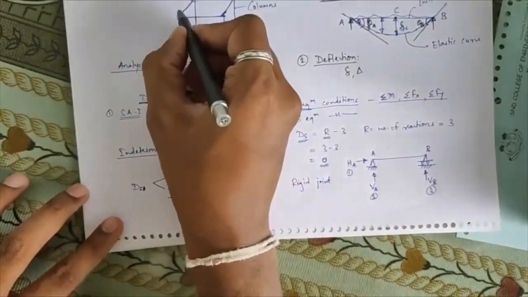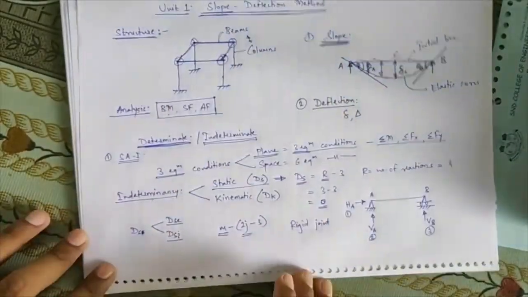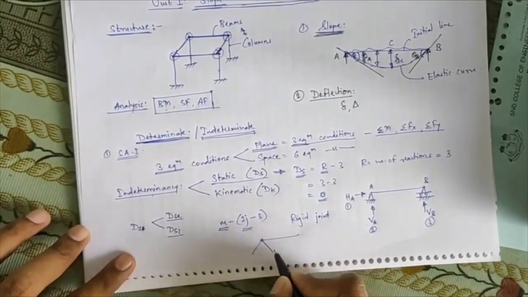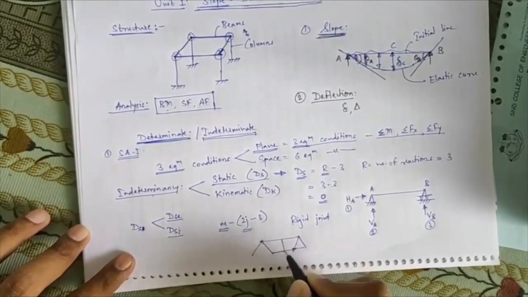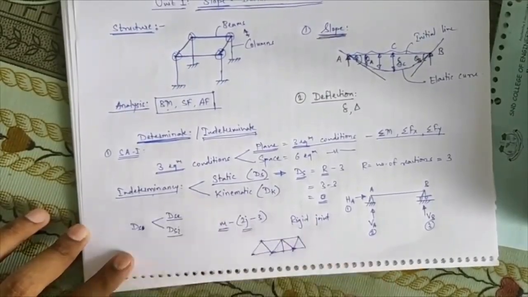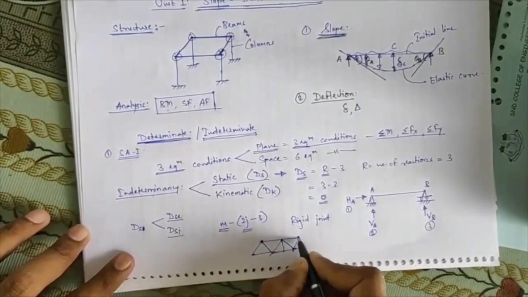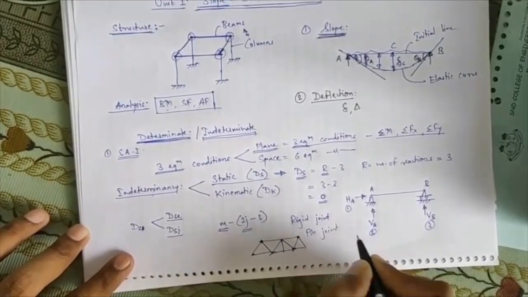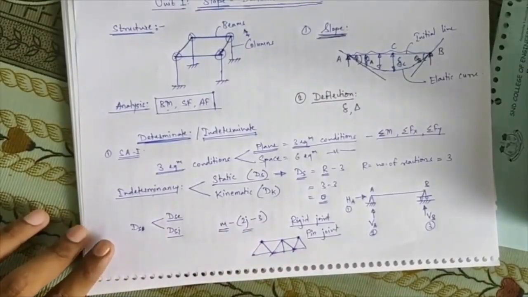In the case of a truss, suppose I consider any simple truss, the joints that occur in this truss will be pin joints. So depending on the joints, we have to formulate the Ds values.